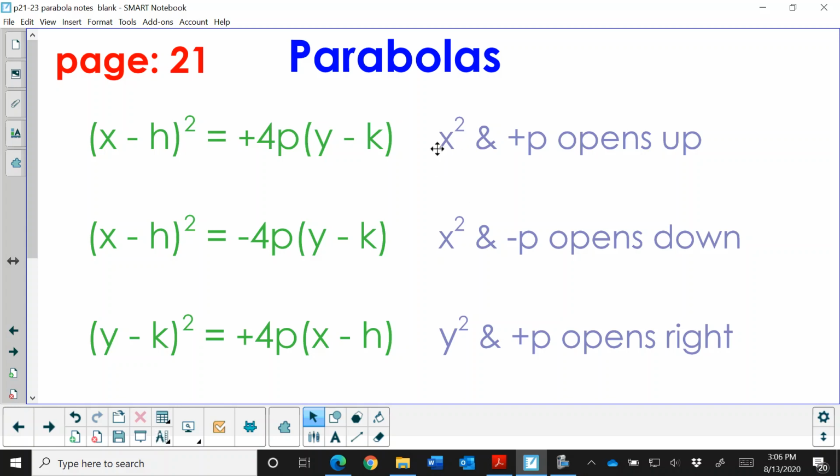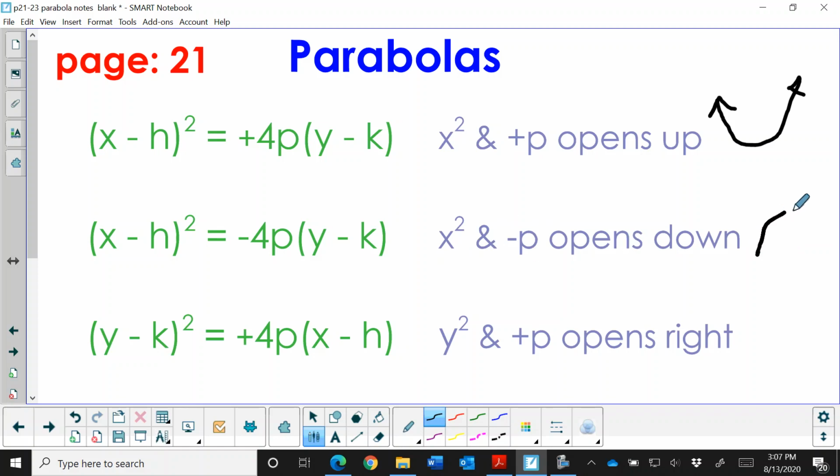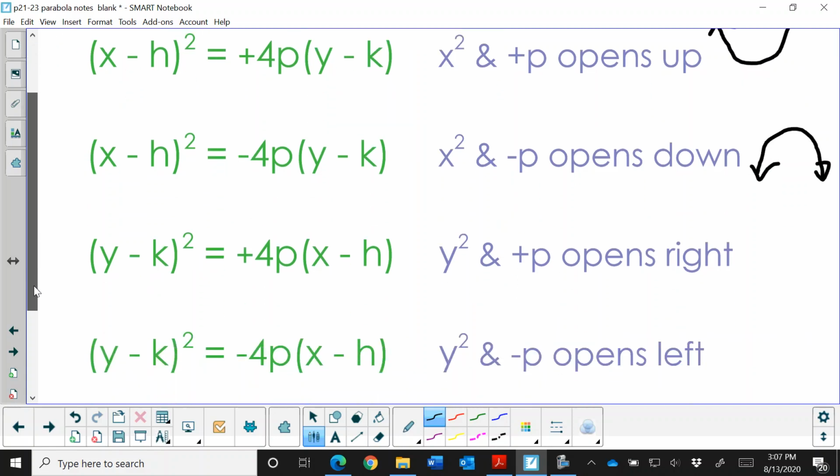Now this first one has an x squared and p is positive, so the parabola is facing up, and that's what you learned in Algebra 1, just the facing up parabolas. You reviewed it again last year in Algebra 2. Okay, for x squared where p is negative, that one is going to be a down facer. Now, those are old formulas, maybe just in a new form with the 4p.